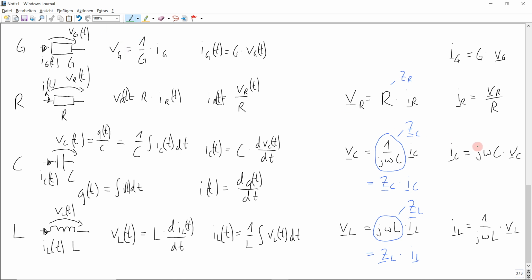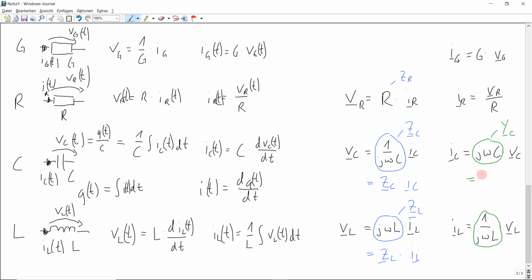So how do we call this factor or this factor? This is admittance, exactly. And so this is what we would call Y, YC in this case.